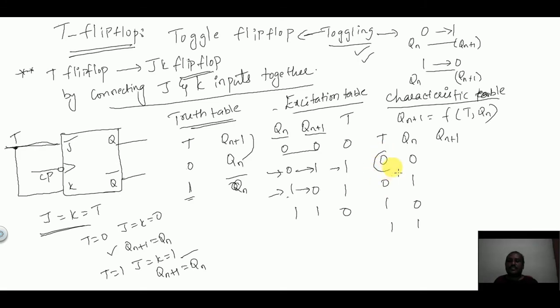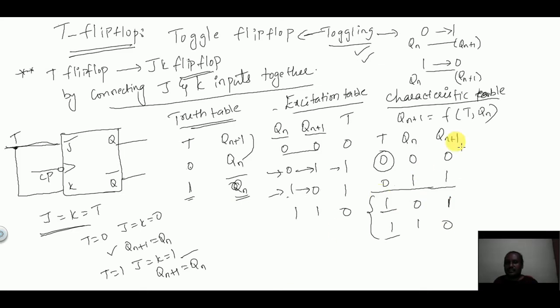When T is equal to 0, Qn plus 1 is equal to Qn. So for the first two cases, T is equal to 0, Qn plus 1 is equal to Qn, so it is 0 and 1. For the second two cases, T is equal to 1, so Qn plus 1 is equal to Qn bar. Since it is 0, we will write 1 here, and since this is 1, we'll write a 0 over here.